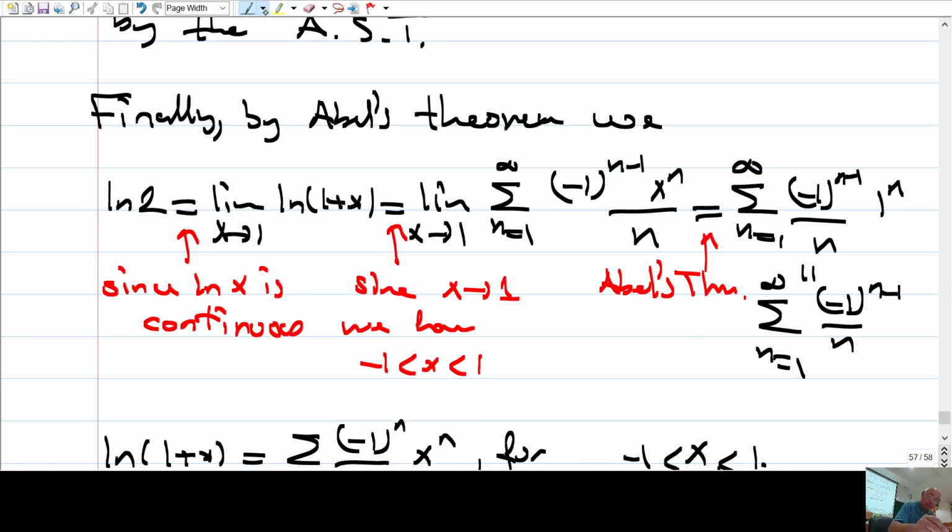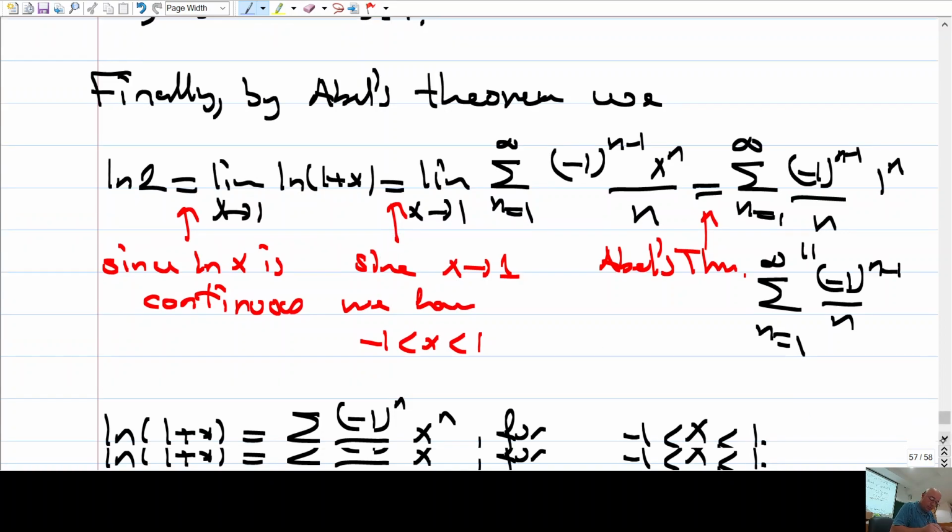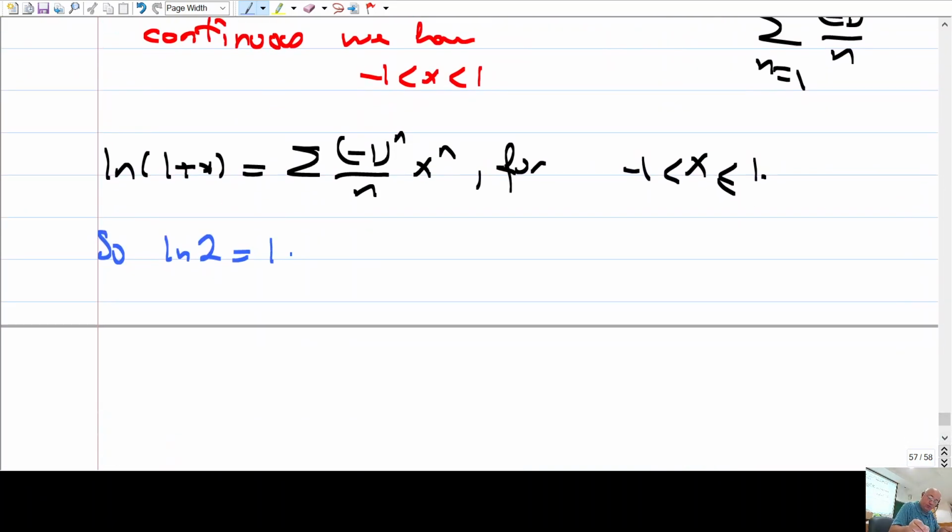Minus 1. So this is 1 minus 1/2 plus 1/3 minus 1/4 plus 1/5, and so on. Okay? ln 2 is equal to this.